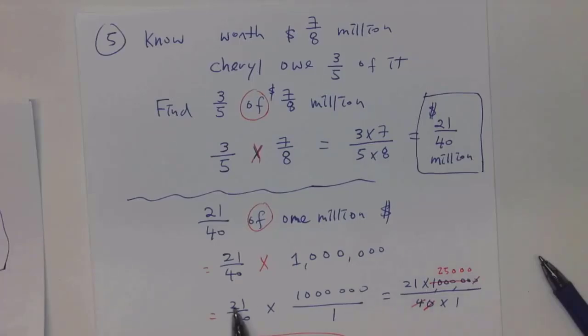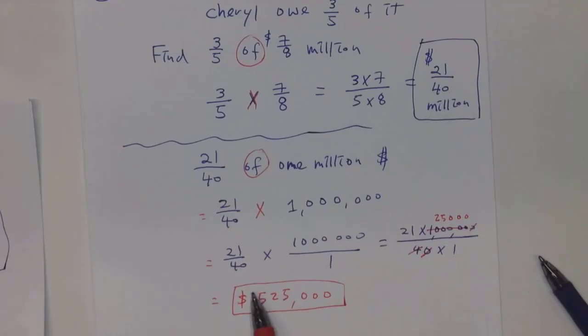But if you do 21 times a million divided by 40, you should get the same number. So try 21 times a million on top, and then divided by 40. But we also want you to know anything on top you can reduce with anything on the bottom, because you're going to be a teacher. So you need to know everything.